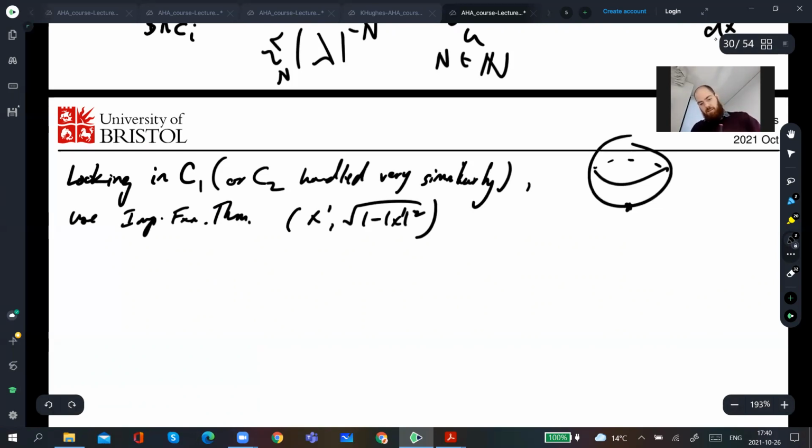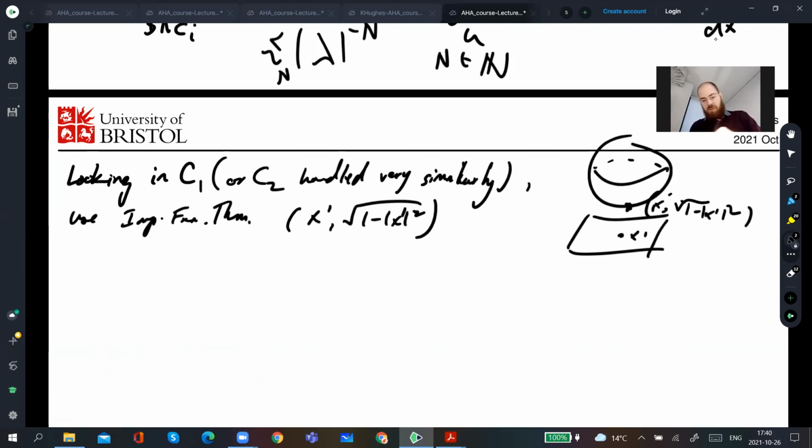So you have x prime, and then square root of 1 minus x prime squared. And of course that solves the unit sphere, because I take the sums of squares and I get 1. Good. So this is how we define our chart.